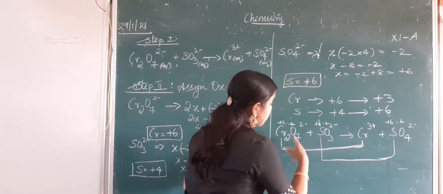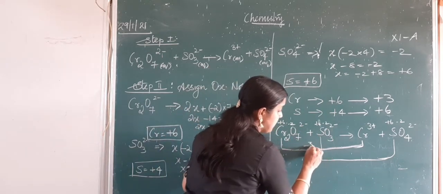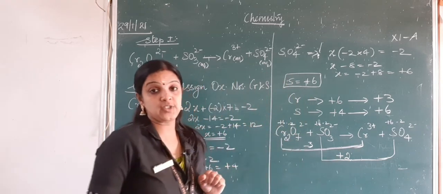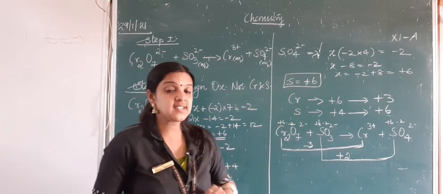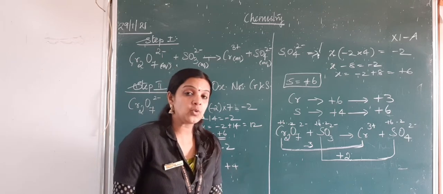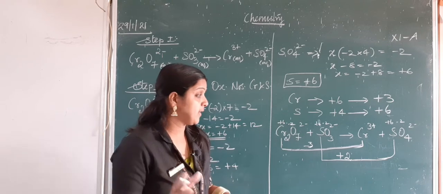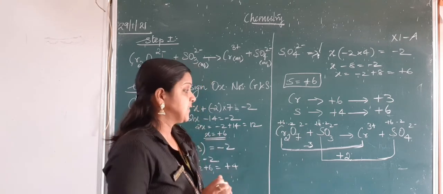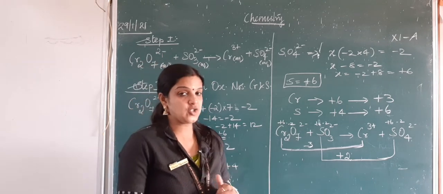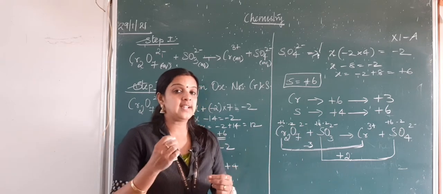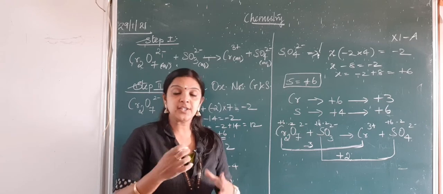So there is a decrease of 3 and an increase of 2 in the oxidation state. So what is the next step we need to do? We always know that the number of electrons lost should be equal to the number of electrons gained. So I need to balance the charges. How should we balance the charges? Now we will see the next step to balance the charges.